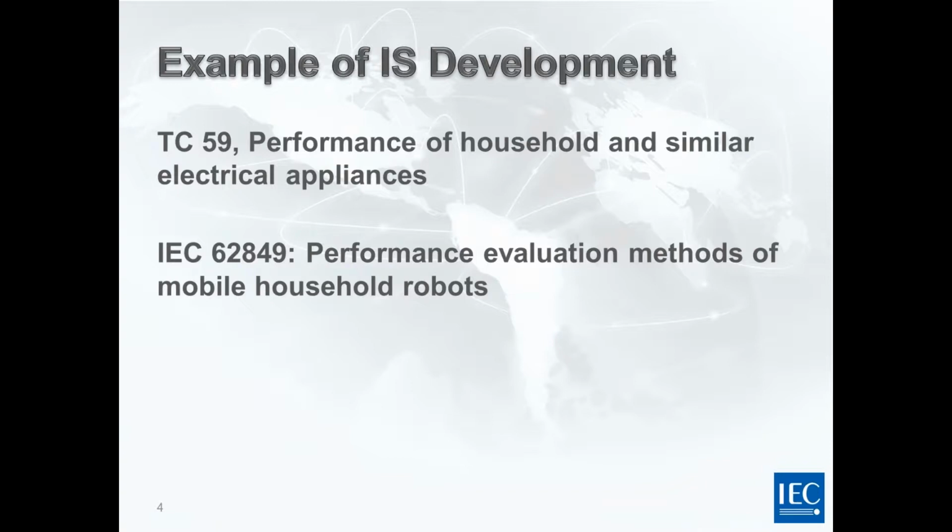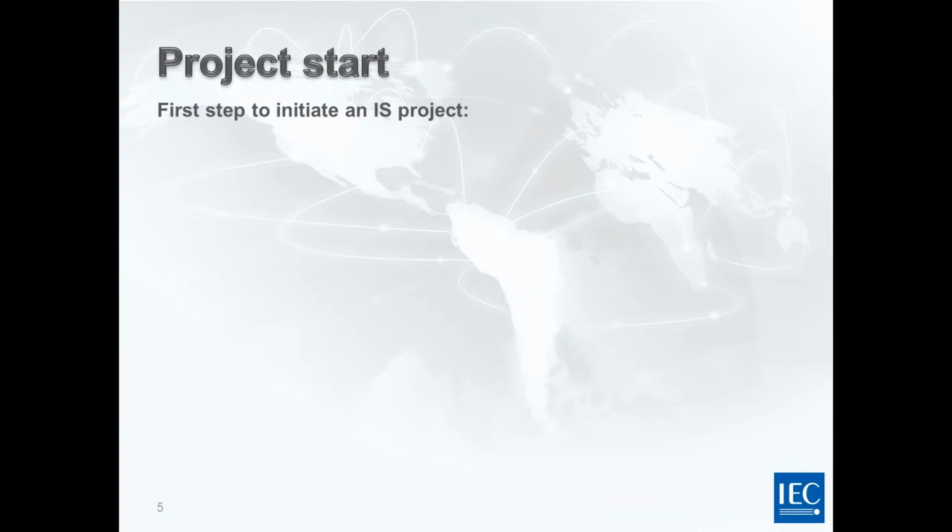In order to better understand how it works, I propose to take an example of one standard development and go through the process for this standard. So I propose we have a look at a TC 59 standard. TC 59 is about performance of household and similar electrical appliances.